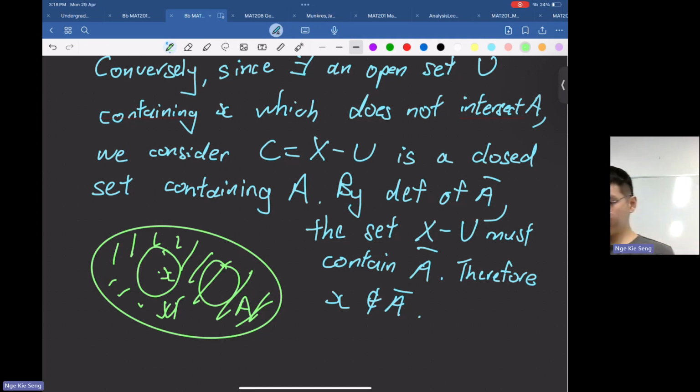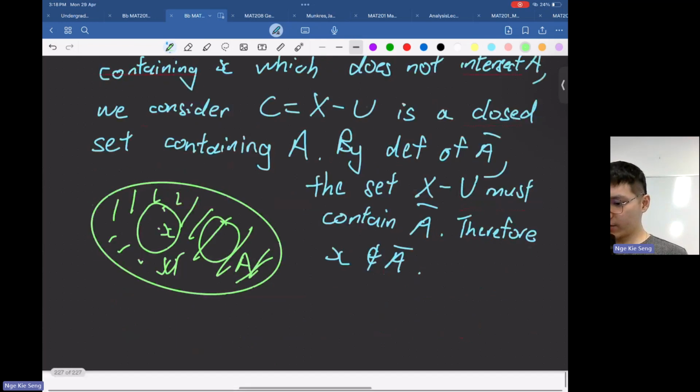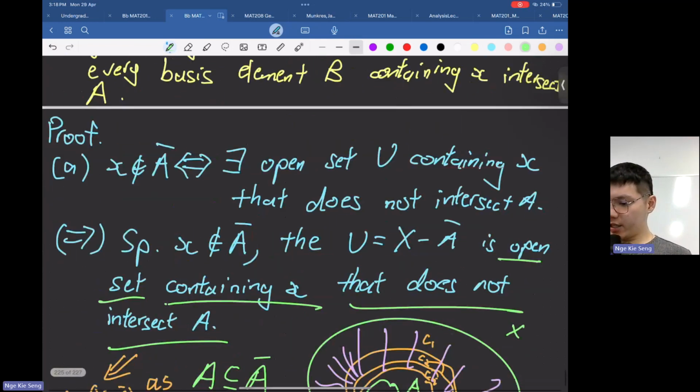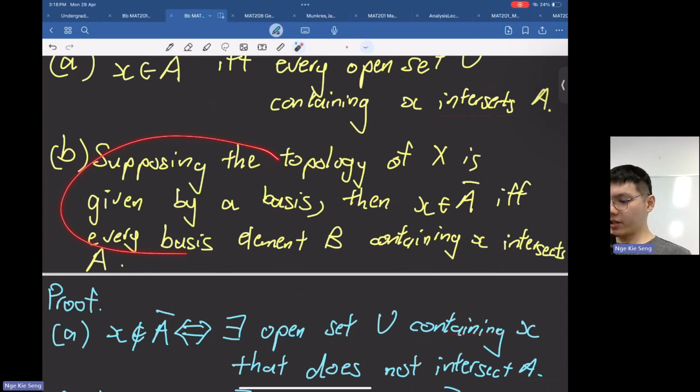If not, I think we skip part B, because B will be just pulling out the definition of basis element. How does a basis element interact with an open set? If you have a topology that is generated by a basis, it means for every open set and every point in the open set, you can find a basis element such that this basis element contains that point and lies inside the open set.